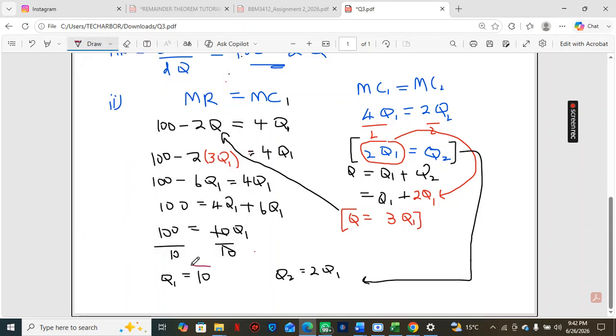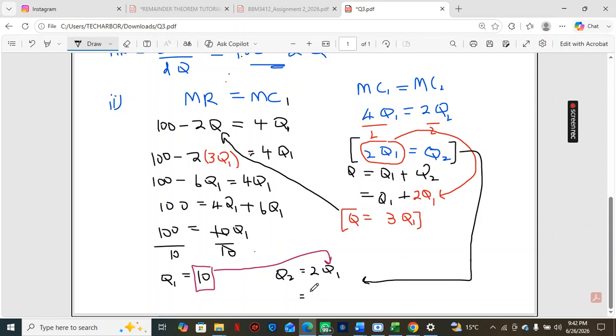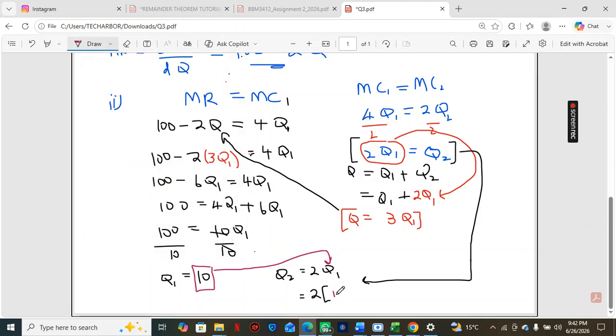So we just substitute this 10 here. So Q1 is 10.